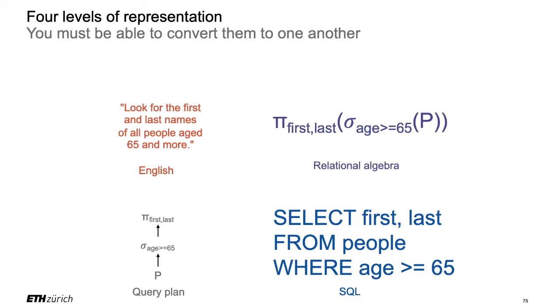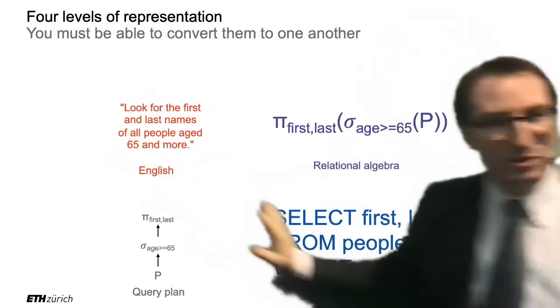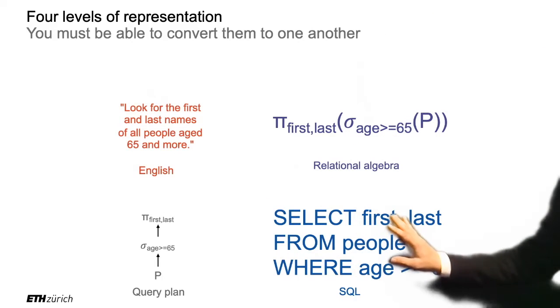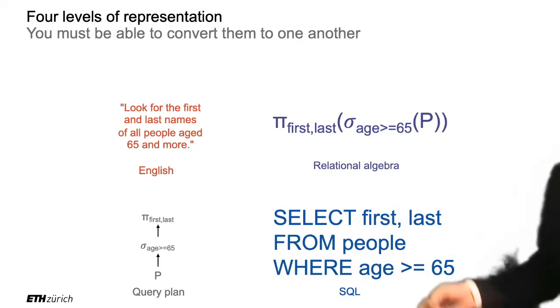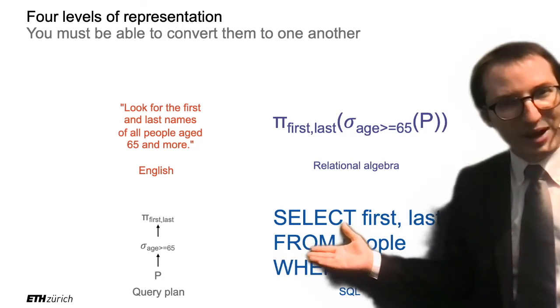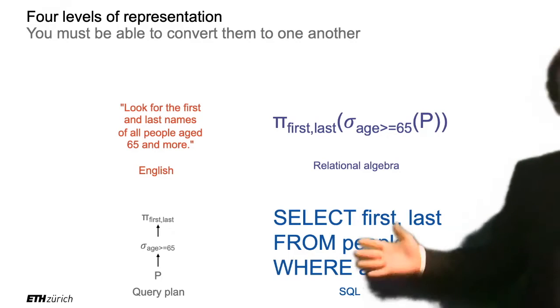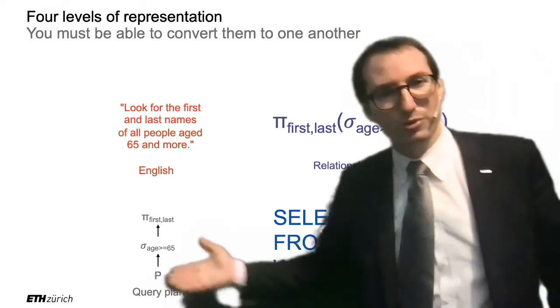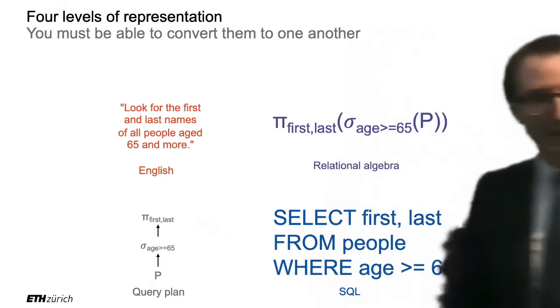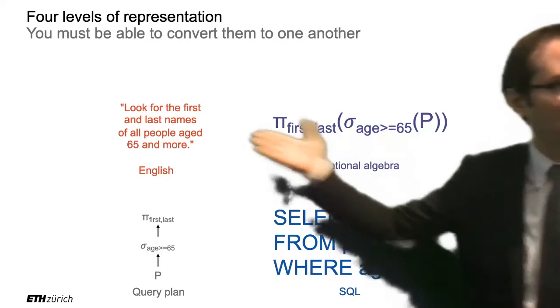So typical things that you need to do is you're given instructions in English, please write the SQL query that does it. Or you might be given the SQL query and you're asked, please write the corresponding relational algebra formula, right? Or you're given a SQL query and you ask, okay, please draw the query plan, right? Or you're given, I don't know, the relational algebra and you ask, okay, please explain in English what it does.